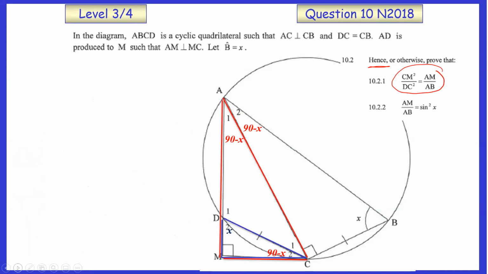Look at it. Okay, let's get a starting point for you guys. If we look at BC over MD is equal to AB over DC, where did I get that from?